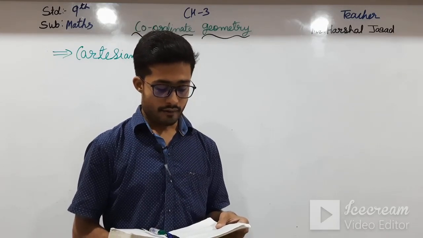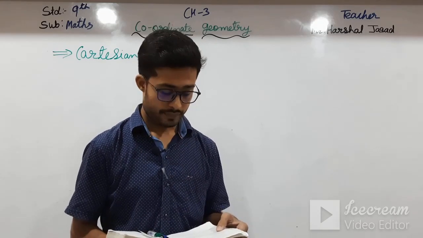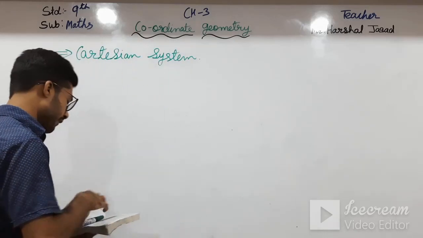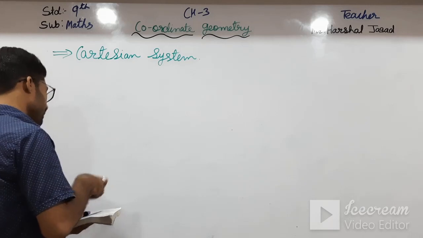The point from which the distances are marked is called the origin. See here, first of all we are seeing what the origin is.